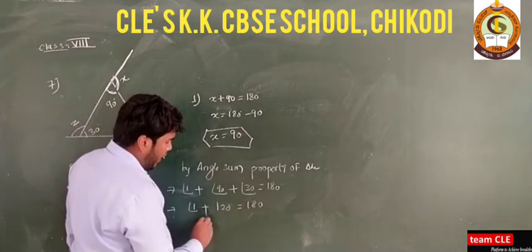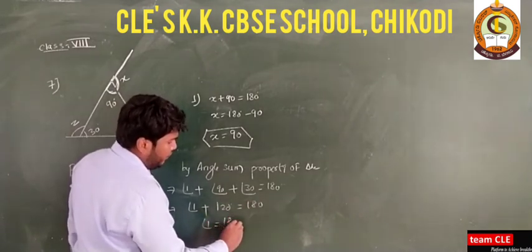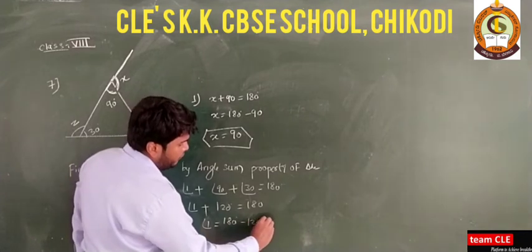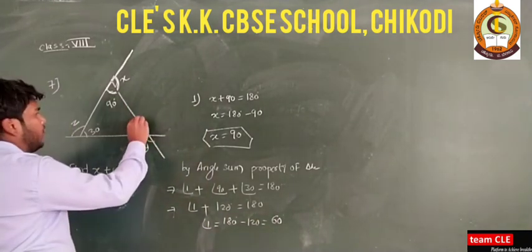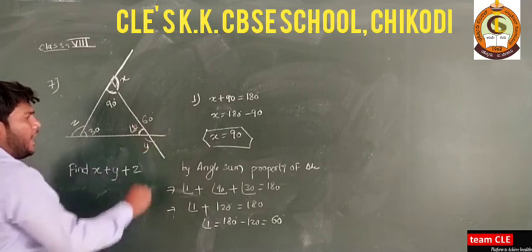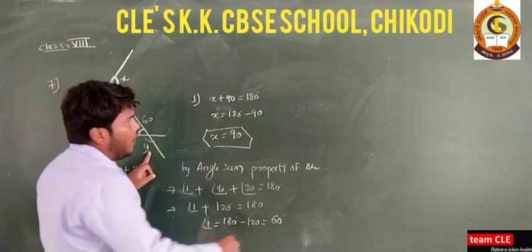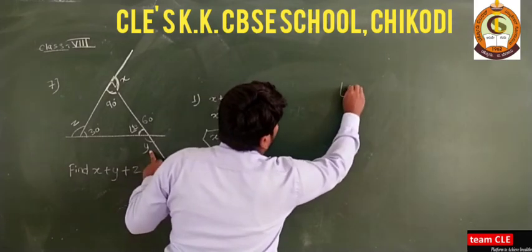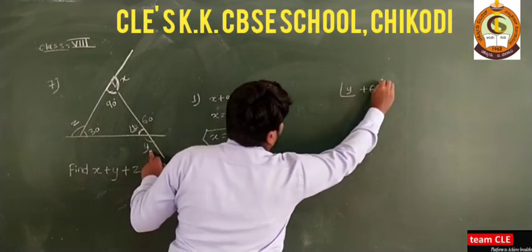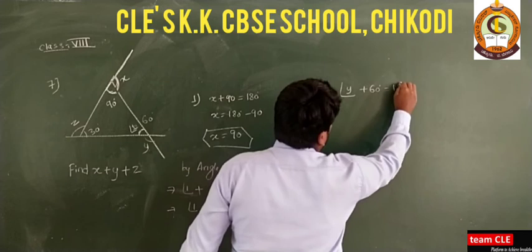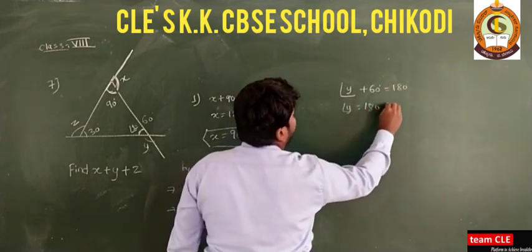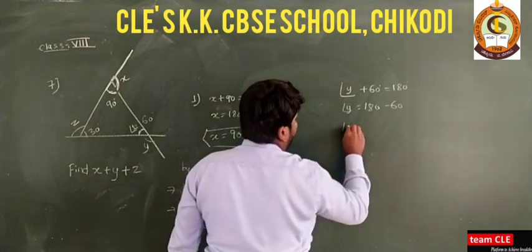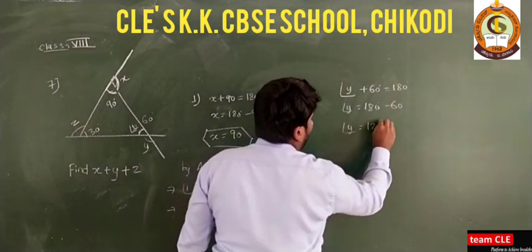So angle 1 is equal to 180 minus 120, which is 60 degrees. But I need angle y. So angle y plus 60 is equal to 180 degrees. So angle y is equal to 180 minus 60. So angle y is 120.